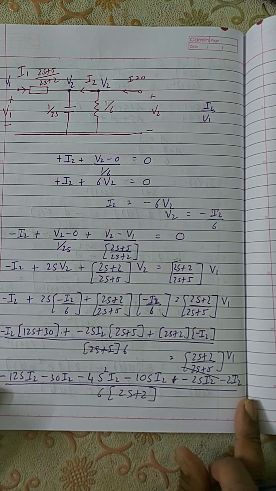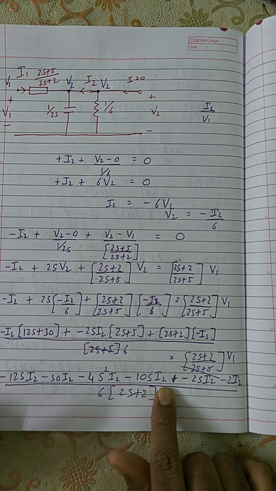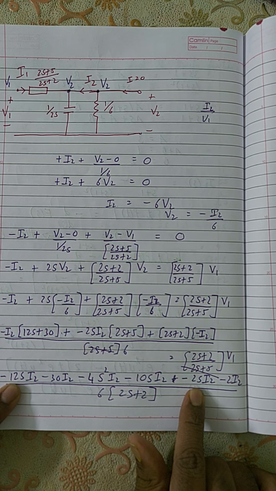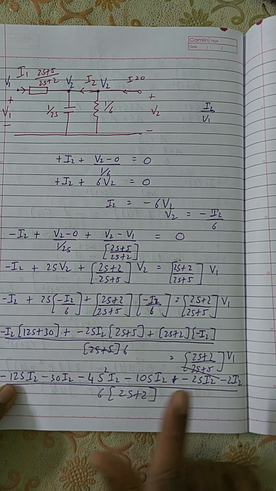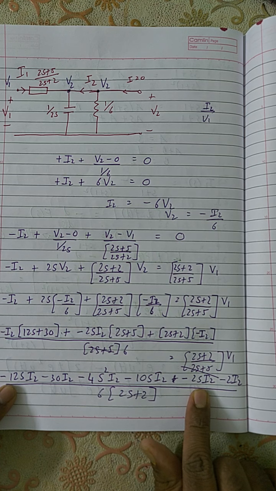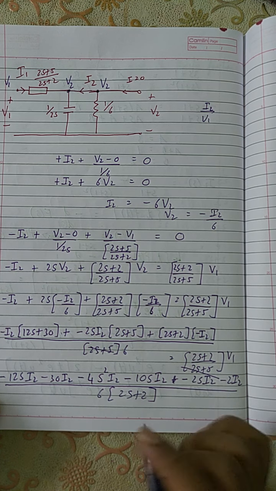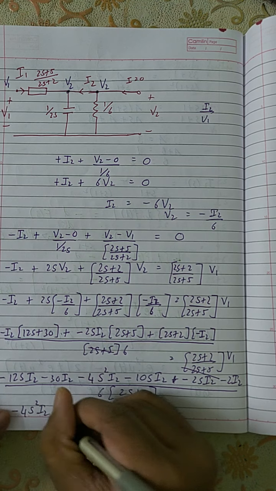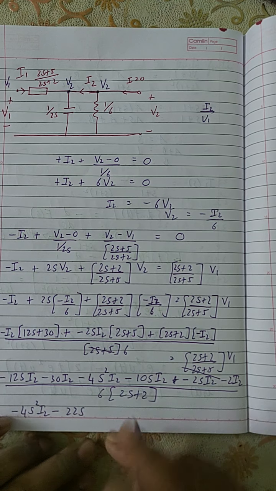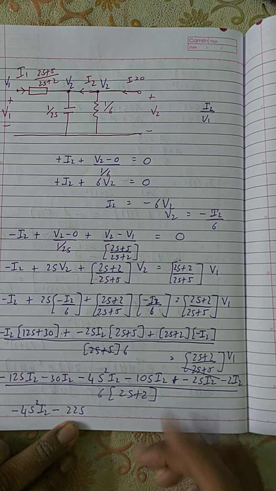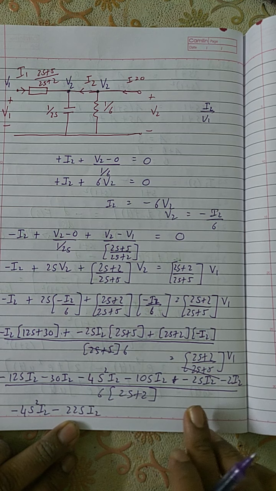So here what you can do is combine all these s terms together. Here you have minus 12s, here minus 10s, here minus 2s. So 12 plus 10 is 22, 22 plus 2 is 24. So you have minus 4s square I2 minus 24s I2, and what about the constants?